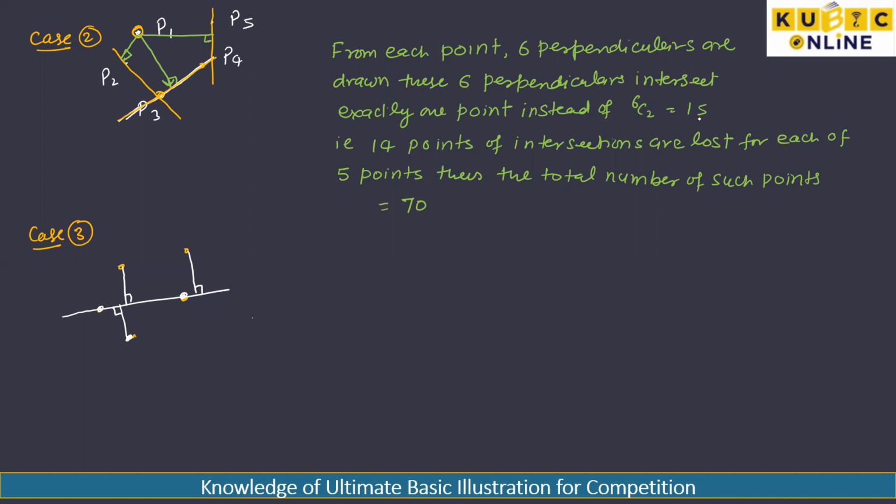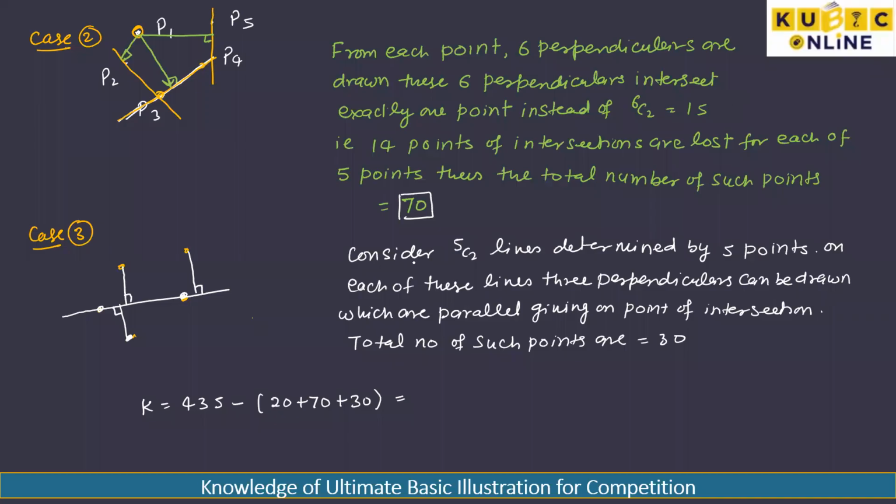Out of 15 points of intersection, we have to accept one point of intersection, and we have to remove 14 points of intersection. So with respect to P1, we are getting 14 extra points of intersection. Therefore, with respect to all 5 points, we have to exclude 70 points of intersection.